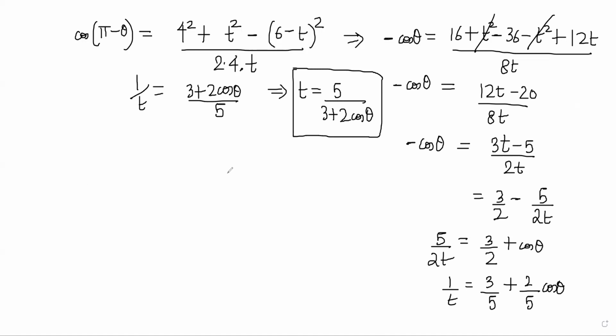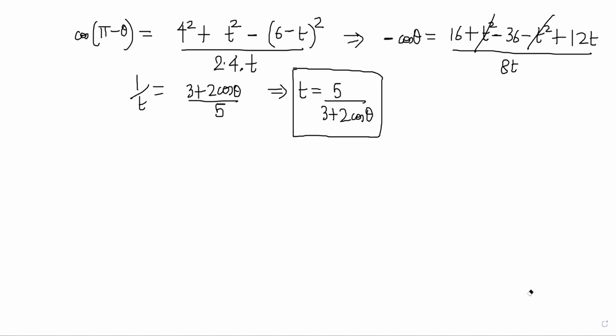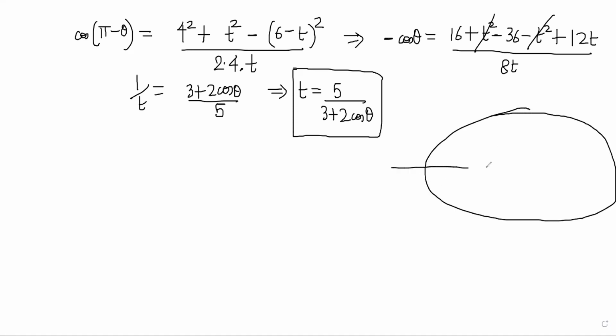Correct. So what we have here is, if I redraw the figure briefly, I'll just redraw the figure for your reference. So we have this situation. This is, let's say, F2.